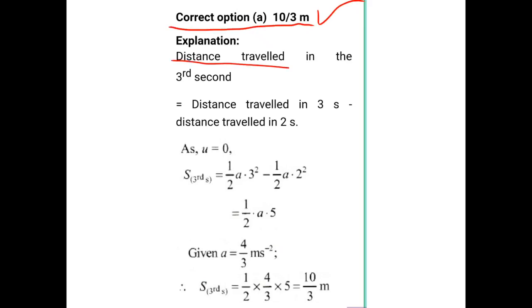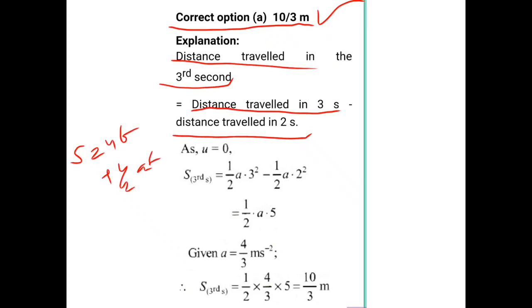We want distance traveled in third second. For that what we are doing, distance traveled in 3 seconds minus distance traveled in 2 seconds. So you know the formula S is equal to ut plus half at square. Here this ut term will not come because the initial velocity u is equal to 0. Here half at square will come.